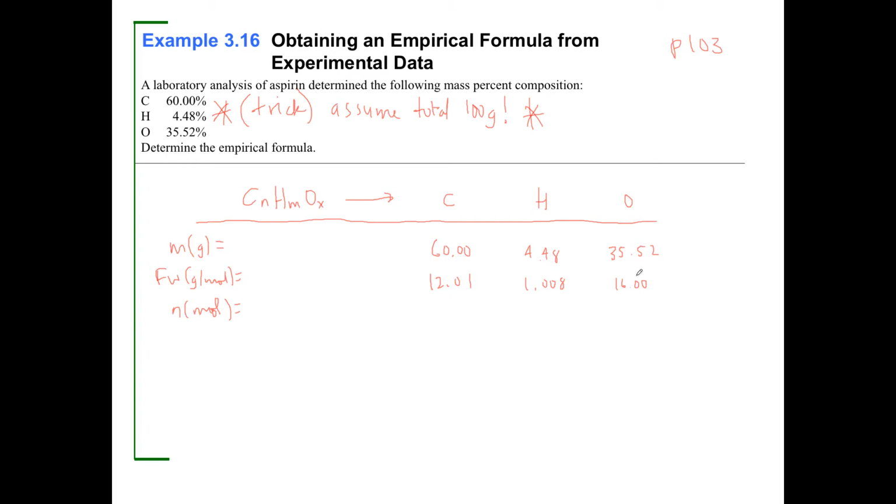Okay, so that being the case, we're going to calculate the number of moles like we did before. 60 divided by 12. I can do that in my head, but I'm going to pretend like I can't. That's 5. 60 divided by 12.01 is 4.9958. Okay. 4.48 divided by 1.008 is 4.444.